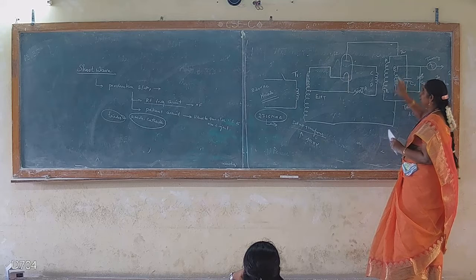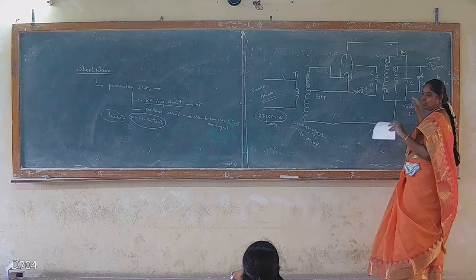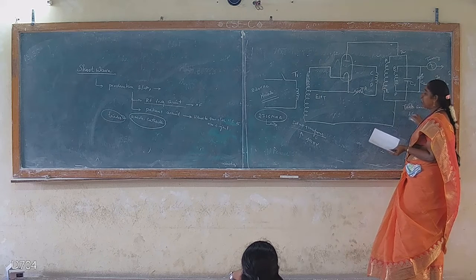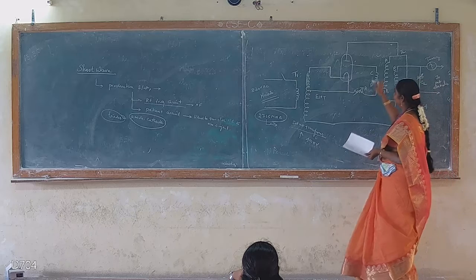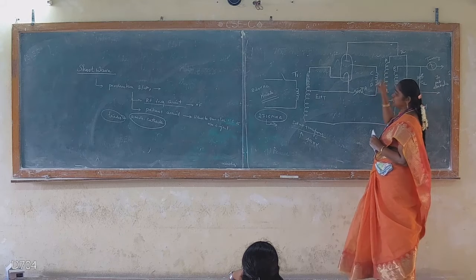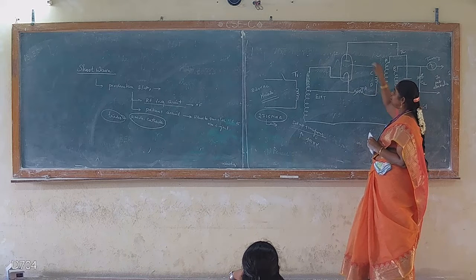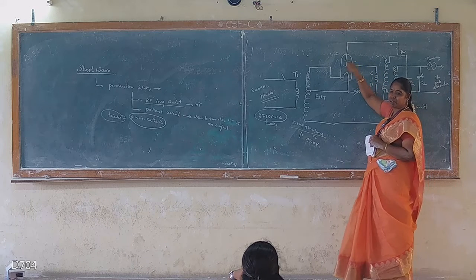Based on the voltage, this LC circuit will produce an alternating current, that is a high frequency current. And what is the purpose of having this CD? CD is also another coil. There is a small amount of voltage, and this small voltage is used for heating the filament only.